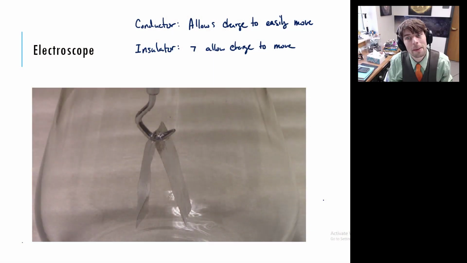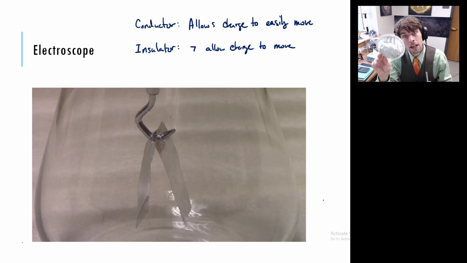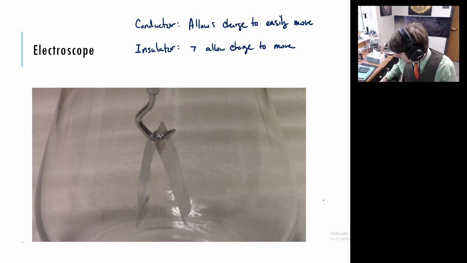Right? By touching the pie plate to the electroscope, I move charge to the pie plate, and then I can dump it somewhere. I can do it again and dump it, and do it again and dump it. Generally, you could do it by connecting the pie plate to the ground. Okay? That dumps all of the charge away.